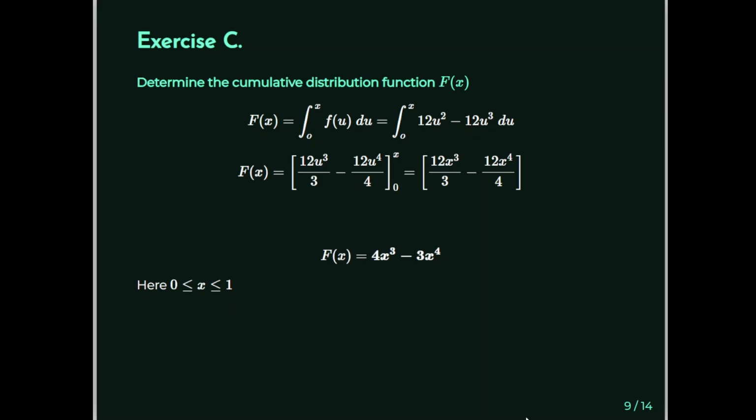Our definite integral becomes 12u cubed divided by 3 minus 12u to the power 4 divided by 4, evaluated from 0 to x. So that ends up as 12x cubed divided by 3 minus 12x to the power 4 divided by 4, and simplifying that, we end up with 4x cubed minus 3x to the power 4.